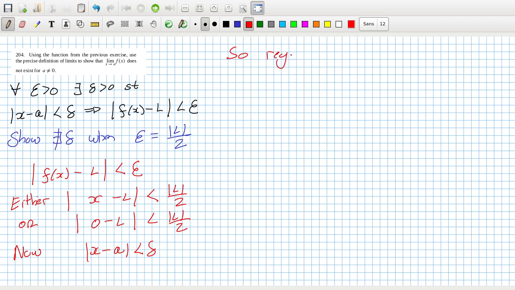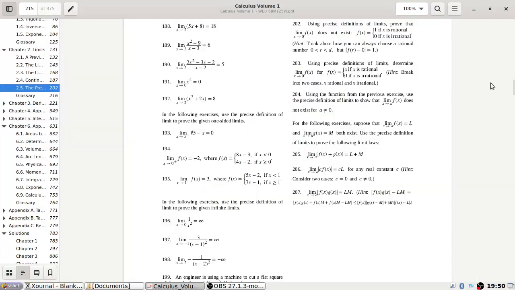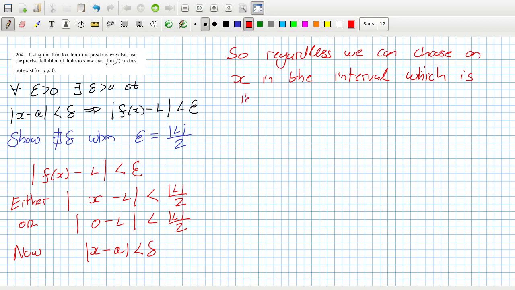So regardless, we can choose an x in the interval which is, now which one's the one that gives us the 0? Irrational. I.e. x is not in Q, but x is in the set |x - a| less than delta.